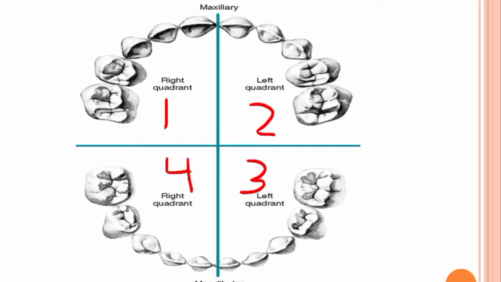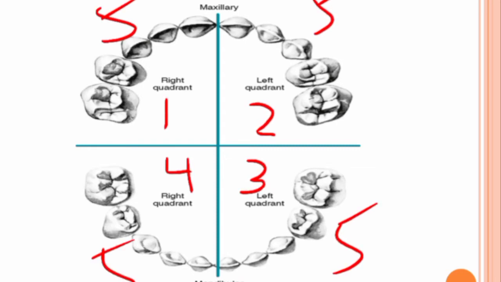For the maxillary right quadrant we call it the first quadrant, maxillary left the second quadrant, mandibular left the third quadrant, and mandibular right the fourth quadrant. We divide the oral cavity into four quadrants to make it easier. In primary dentition we have 10 teeth in the maxilla and 10 teeth in the mandible, so a total of 20 teeth, and in each quadrant we have 5 teeth.